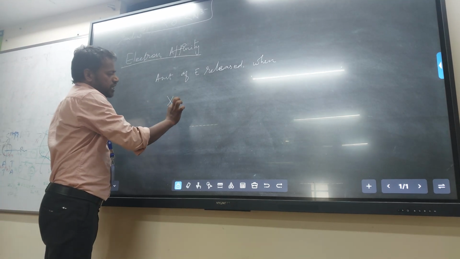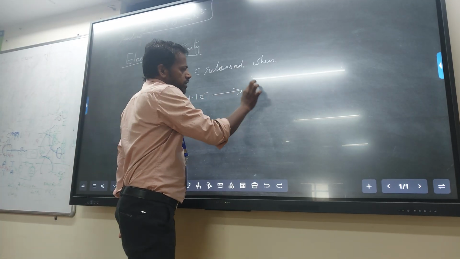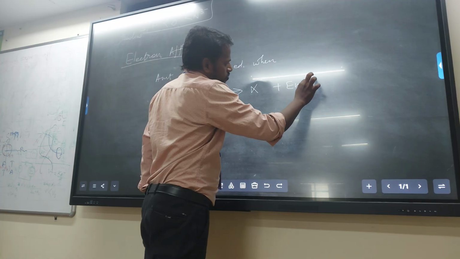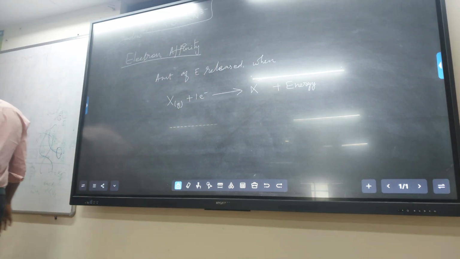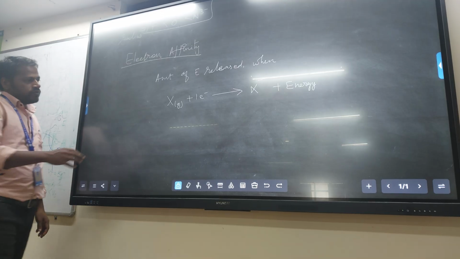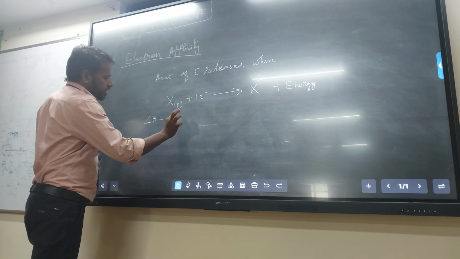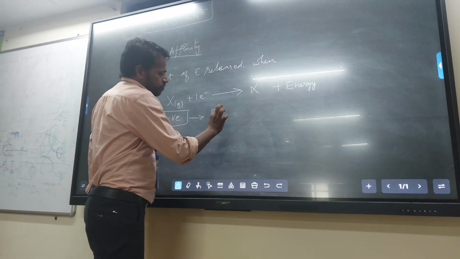That means if you take X, on addition of one electron you get X minus plus energy. So this reaction always has delta H negative, that is an exothermic reaction.